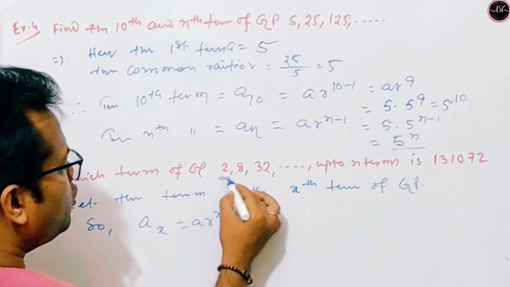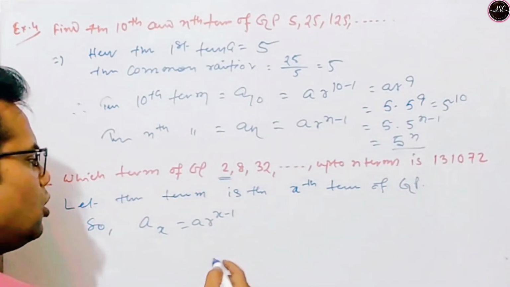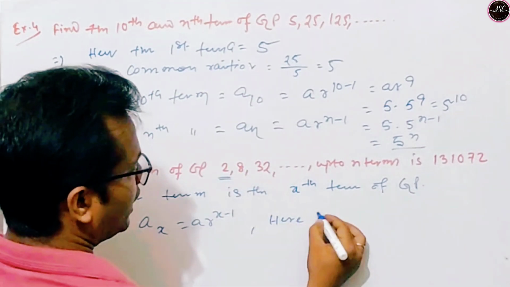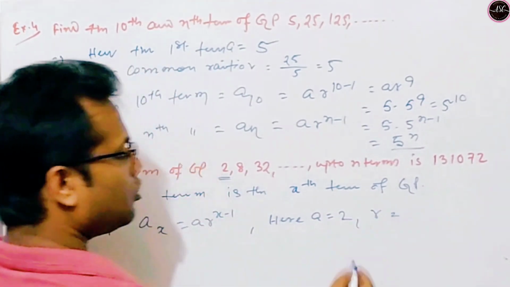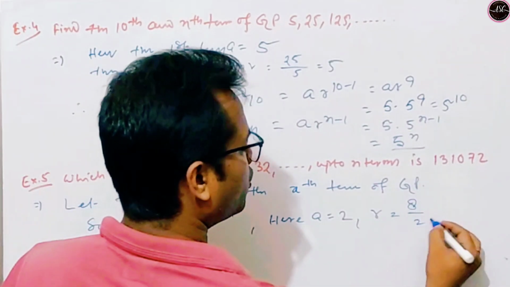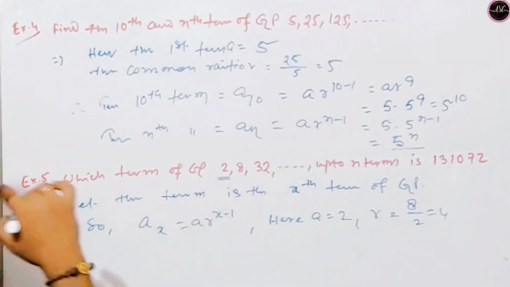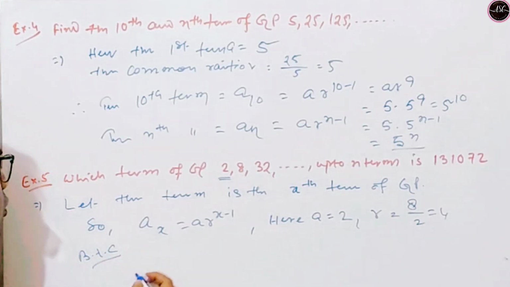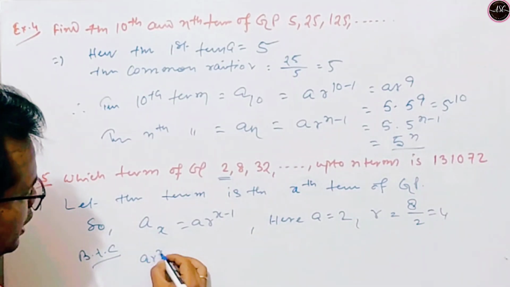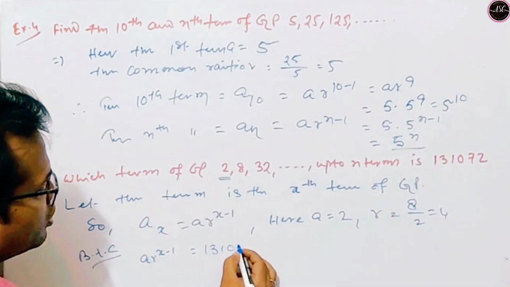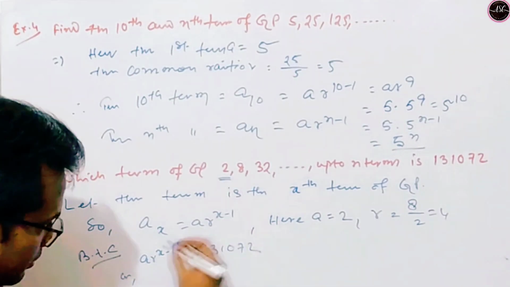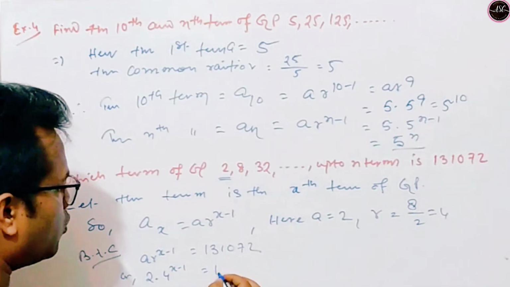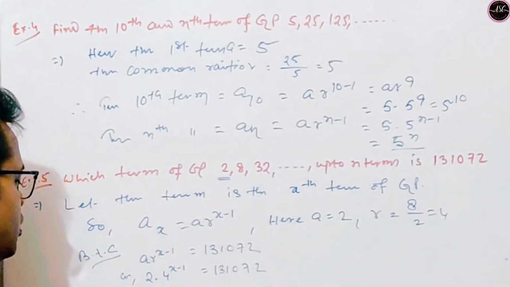Here a equal to 2, that means the first term is 2, and r, the common ratio, equal to 8 by 2, that means 4. So by the condition we have a r to the power x minus 1 is equal to 131072. Putting the value of a and r, 2 into 4 to the power x minus 1 is equal to 131072.